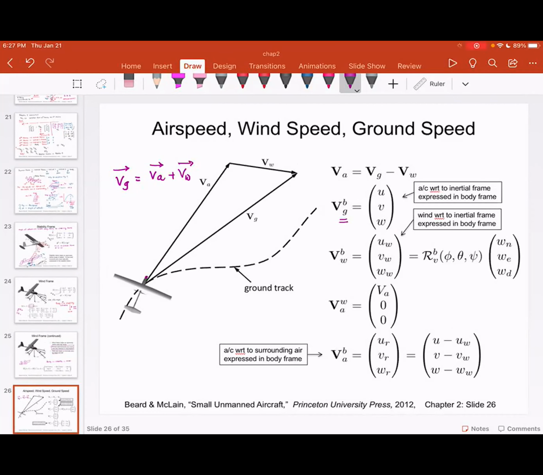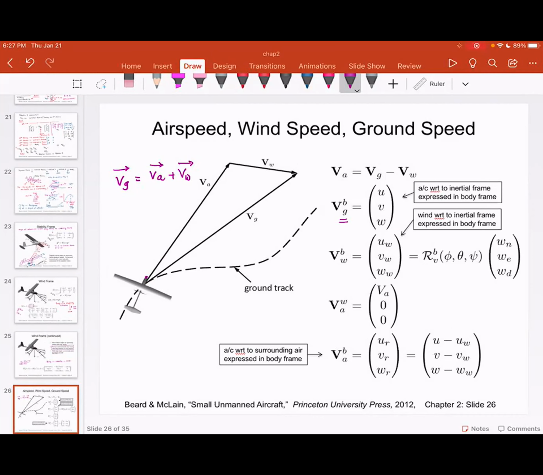So the ground speed, when expressed in the body frame, is given as components U, V, W. However, an important note here is that the ground speed is defined in terms of the inertial frame.